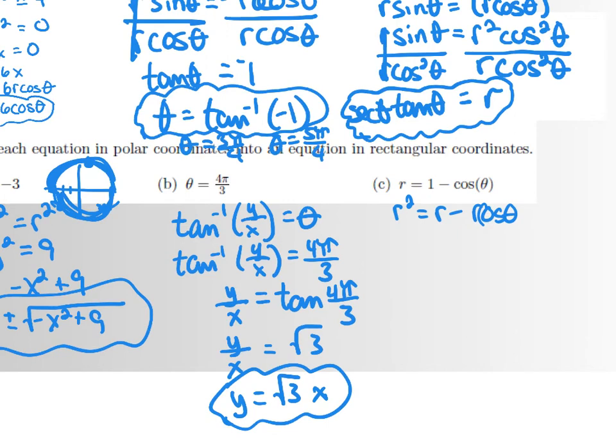Then I can actually do some swapping. So r squared is x squared plus y squared. r is equal to the square root of x squared plus y squared, right? Minus r cosine theta is x.